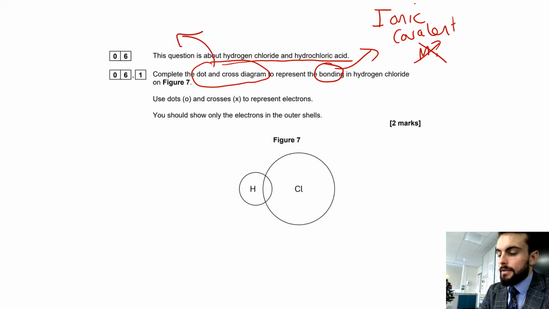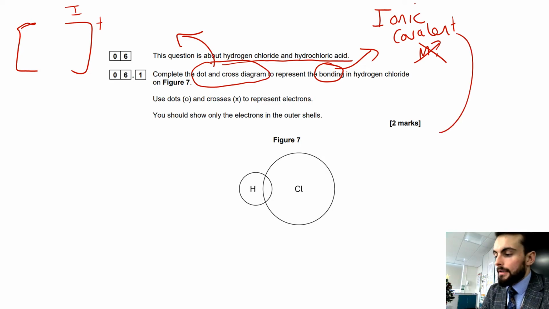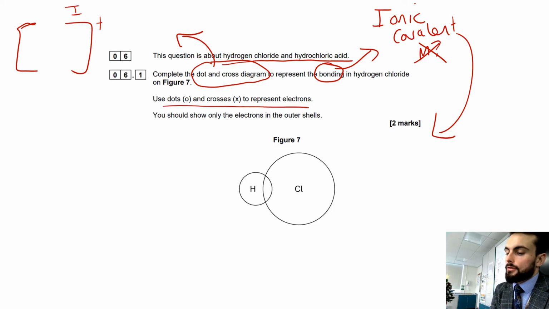We need to be careful with this one because there's two different types. There's the one with the brackets with charges, etc. That one's ionic, and then there's the one with the linked circles, which is covalent. But it almost tells you the answer because it's already given you the linked circles. So you're going to use dots and crosses to represent electrons and show only the electrons in the outer shell, just to save ourselves time.